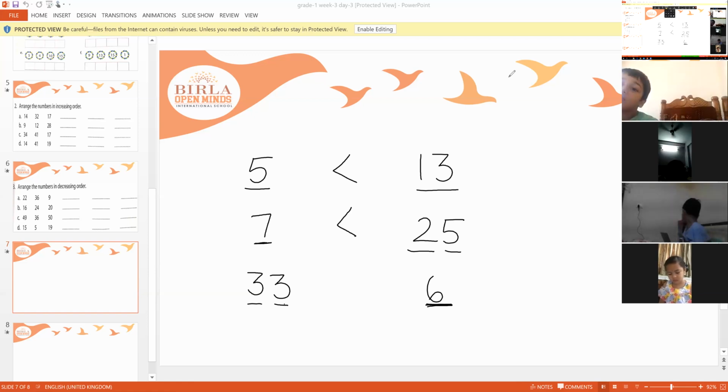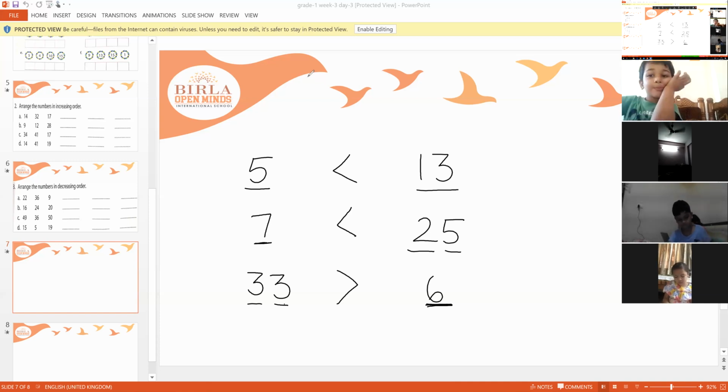And we all know that a one digit number is smaller than the two digit number. So 33 is greater than 6, or we can say that 6 is smaller than 33. Again I am repeating that a one digit number is always smaller than the two digit number.